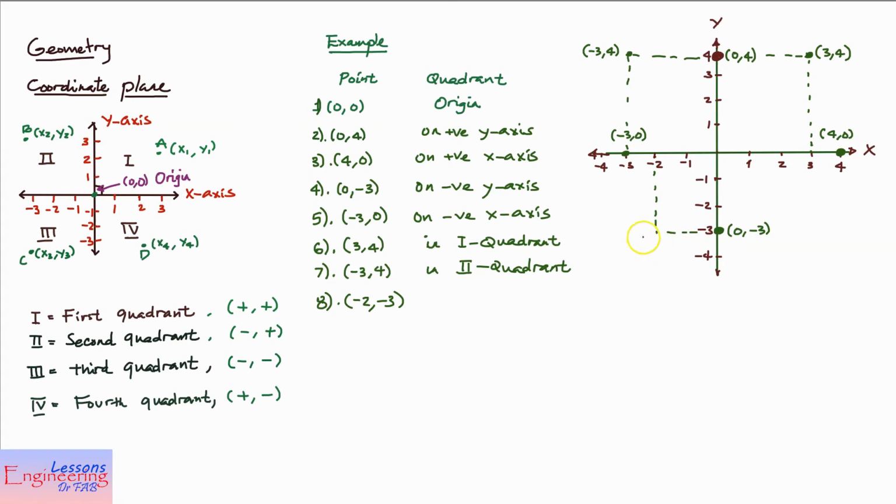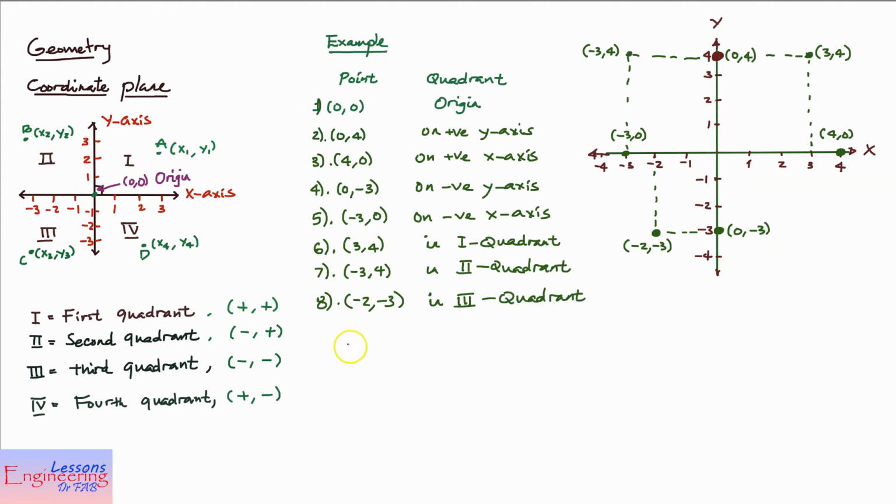We always refer to the x value first and the y entry next. So that point here is (-2, -3), and that point is in the third quadrant.